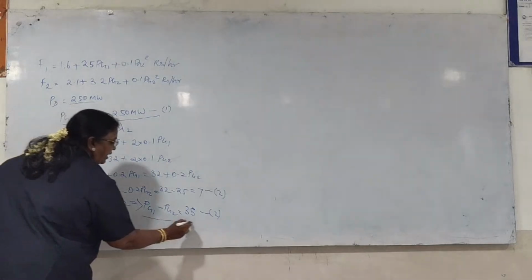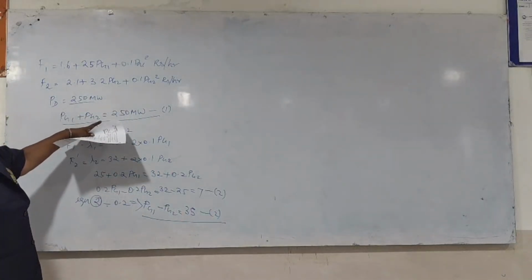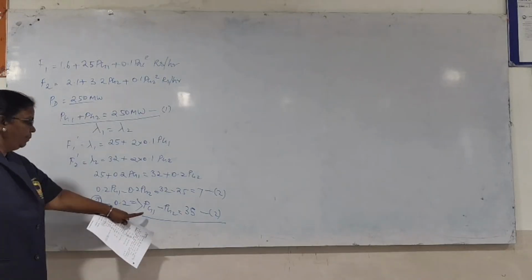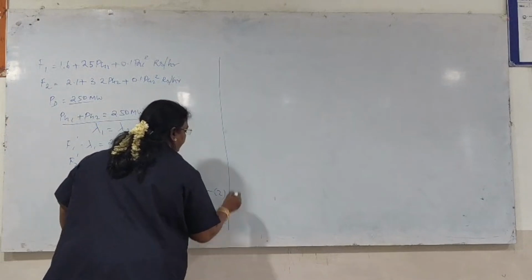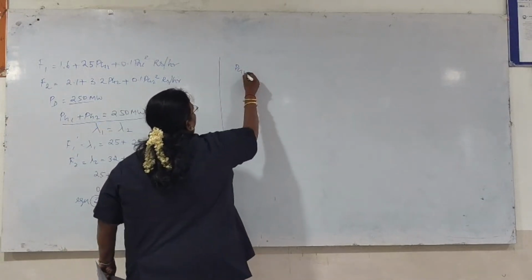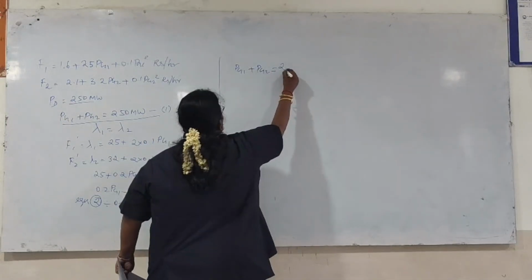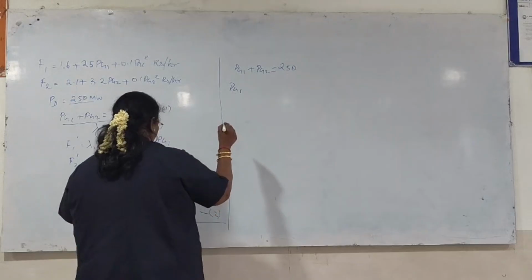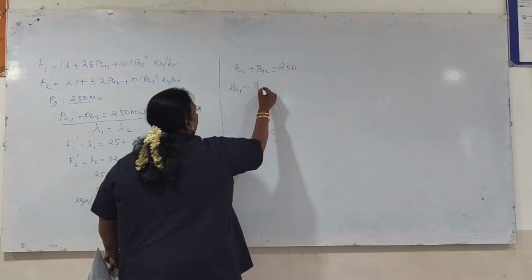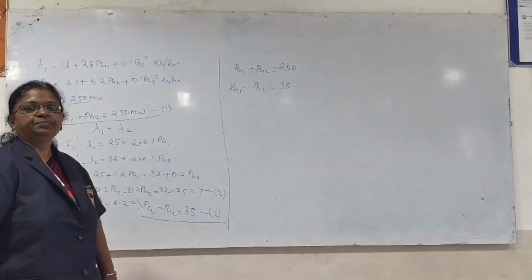You solve these two. We write these two equations once again: Pg1 plus Pg2 equals 250, and Pg1 minus Pg2 equals 35. Is it clear?